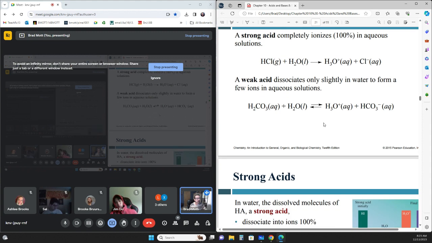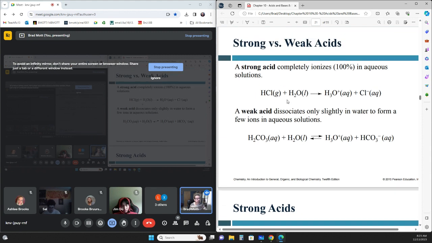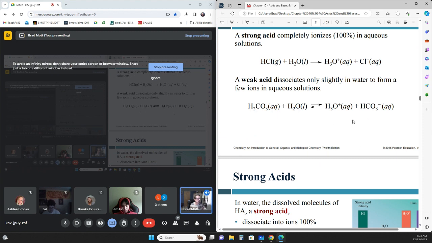And a weak acid is indicated by this arrow going in both directions, meaning that in solution you still have some of the undissociated acid on the left as well as some hydronium. So you have both. In the first case, it completely dissociates into what's on the right. And in the second case, you end up with a balance.